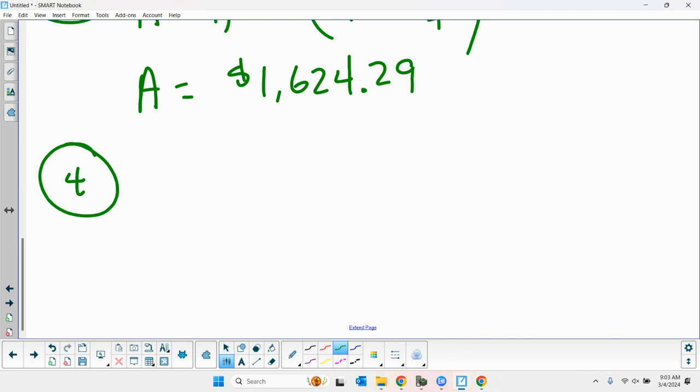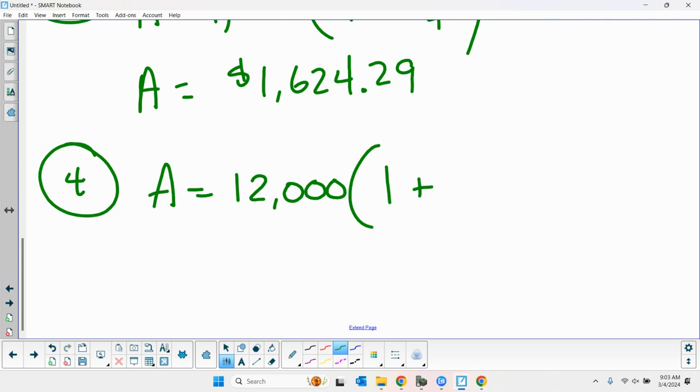All right, the Smiths have $12,000 in a savings account. The bank pays them 3.5%. That's 0.035, compounded monthly. So how many times a year is that? 12. We'll find the total balance after 3 years.